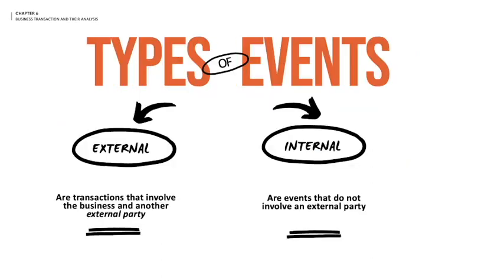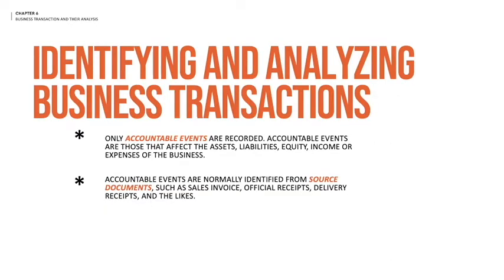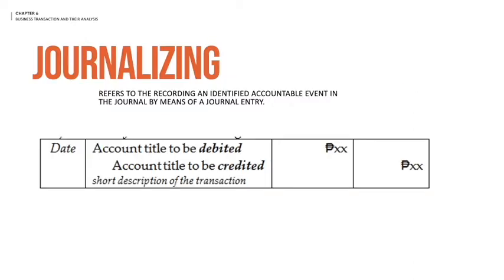So, that's the first step. After we identify all those records that could affect our assets, liabilities, and so on, that's the time we record. That's the process of journalizing, which is the second step in our accounting cycle.